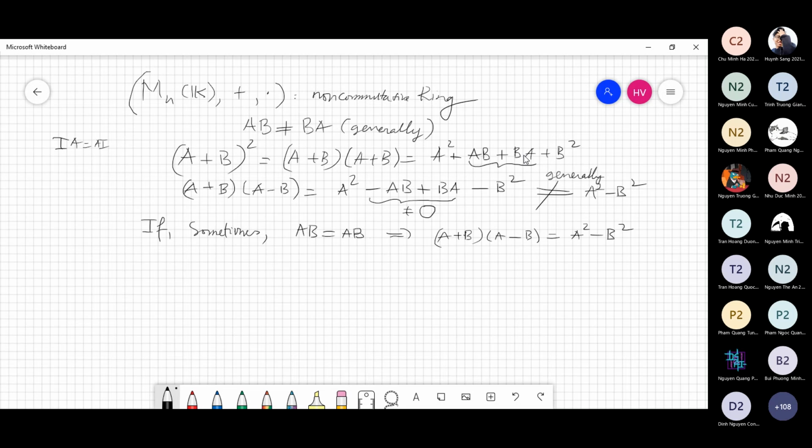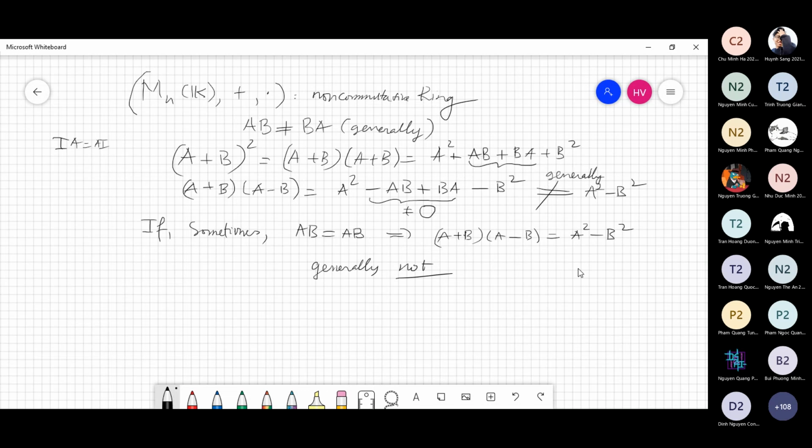It's true only in the case that AB equals BA, but generally it's not, because generally they are different, so generally not equal. This is what you have to pay attention to when you are working with matrix multiplication. It's not commutative in general.